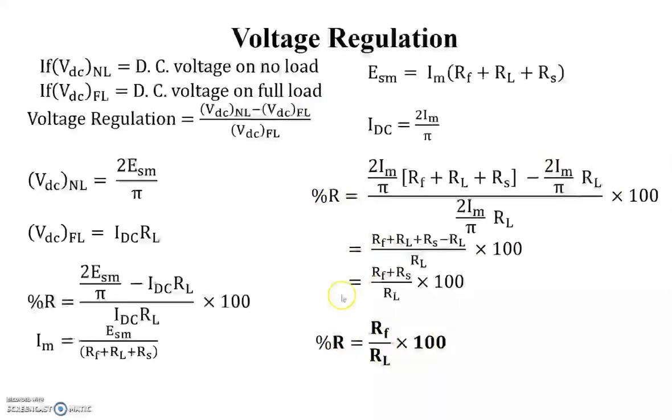So the percentage regulation is equal to Rf by RL into 100, neglecting the winding resistance. Here the secondary voltage should not change with respect to the load current. The lower the voltage regulation, the better the performance of the rectifier circuit.